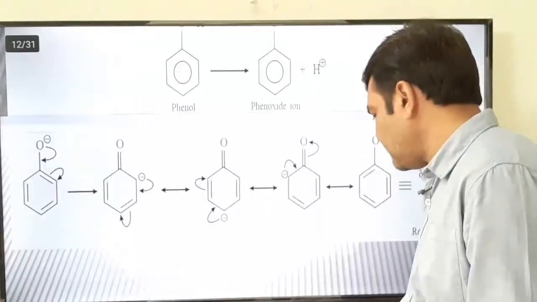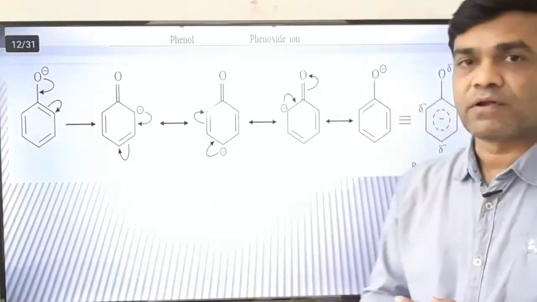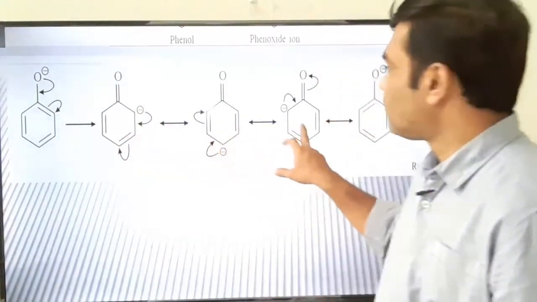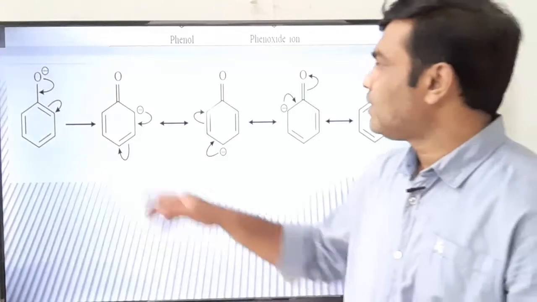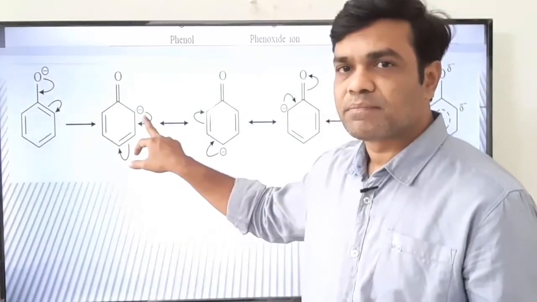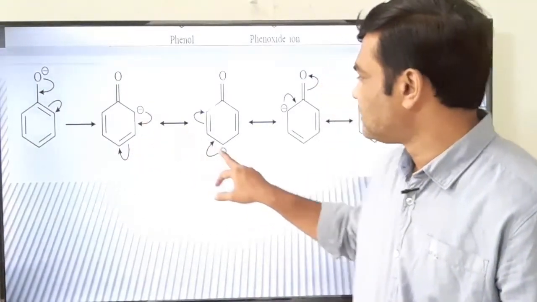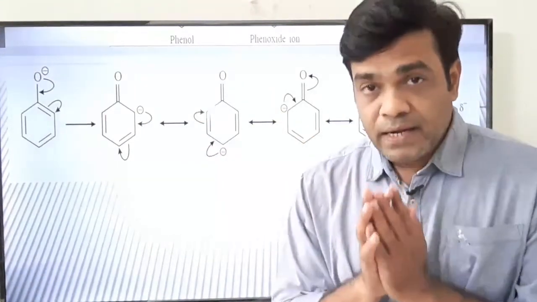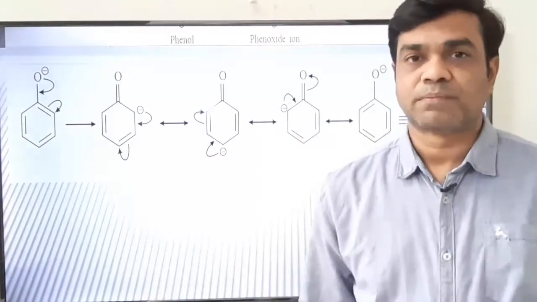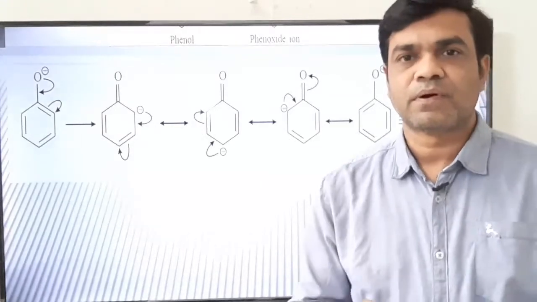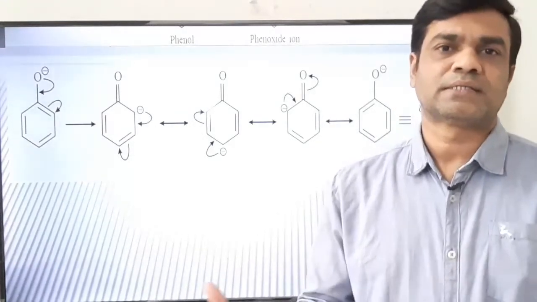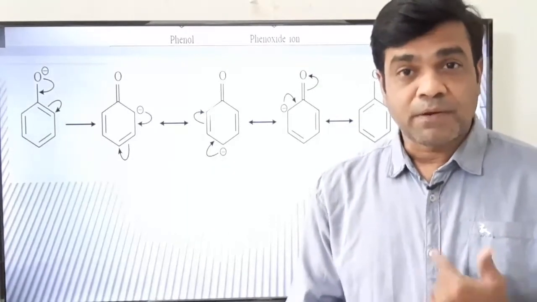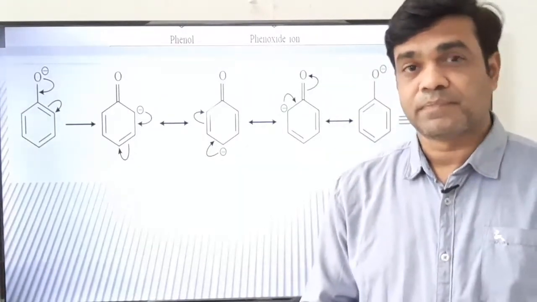On the other hand, the resonating structures of phenoxide ion, you can see here, they are stable. Why? Because only one charge is there. What is the charge? Negative charge. And such structures are more stable. If either positive or negative charge is there, then those structures are stable. It means phenoxide ion is more stable than phenol.